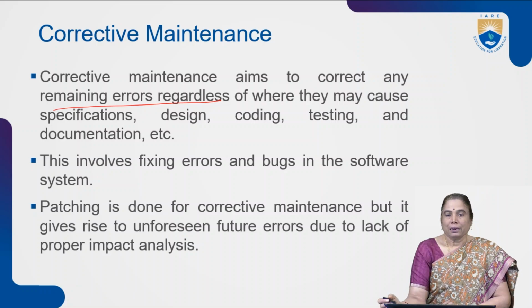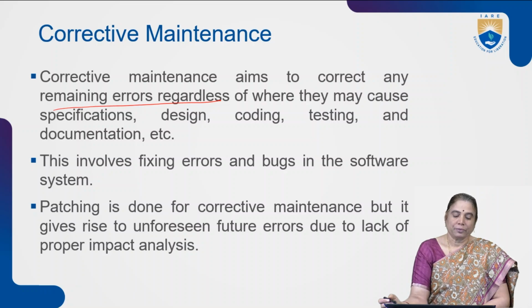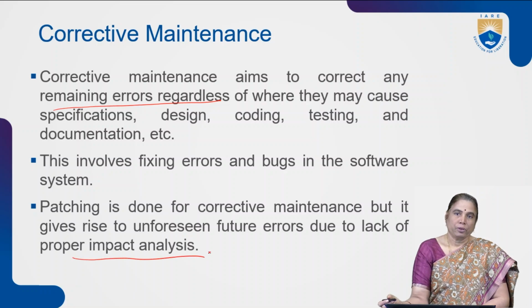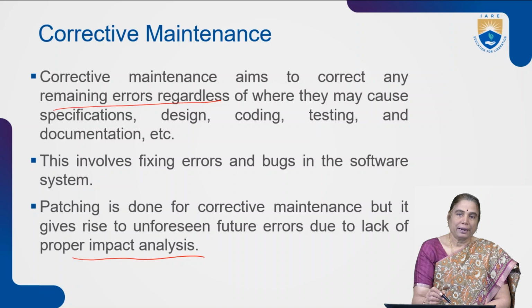Corrections, or bug fixing and identification, is majorly corrective maintenance. Patching is done for corrective maintenance, but it gives rise to unforeseen future errors due to lack of proper impact analysis. So bugs can be clearly identified and fixed in order to avoid the impact on the software.